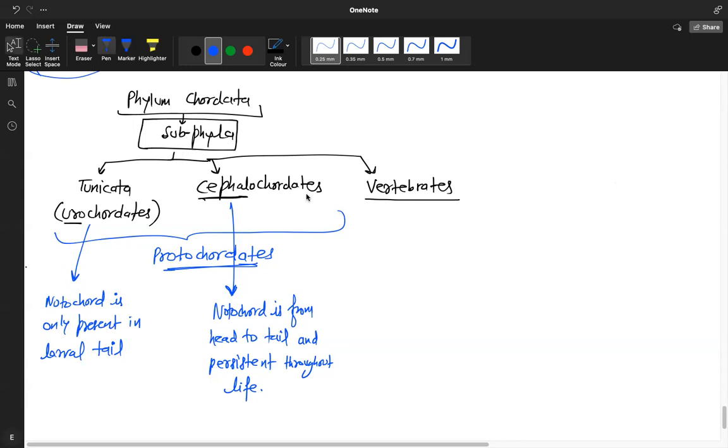Yes, sir. It's clear. Cephalochordates have a notochord which is complete from head to tail and it persists throughout life. This is also clear. So they have a notochord forever, as long as they live. Is this clear? Yes. Then why are cephalochordates different from vertebrates was my question. Do you understand the question?